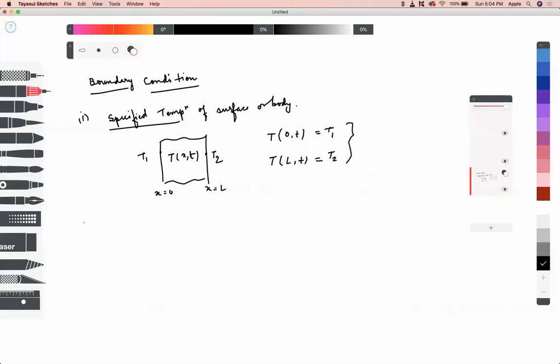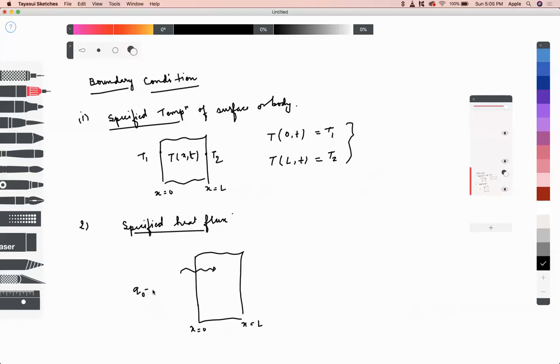Similarly, the second one is specified heat flux. So in this case, suppose we have a wall, and this is x equals 0, this is x equals L, and let's say some amount of heat is going into this particular surface.